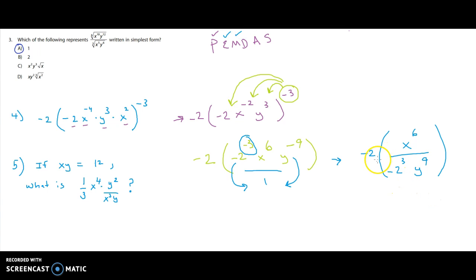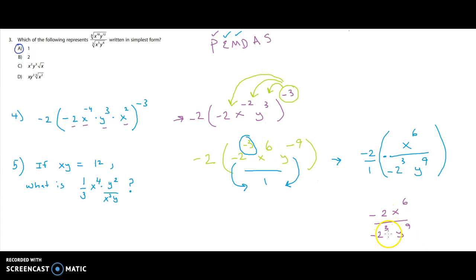Let's do this. What's -2 times all of this? Hopefully, it makes sense to you that that's just -2 x to the 6th, and on the bottom, -2 cubed y to the 9th. All right, and we're almost done, but we can do a little bit more simplification.